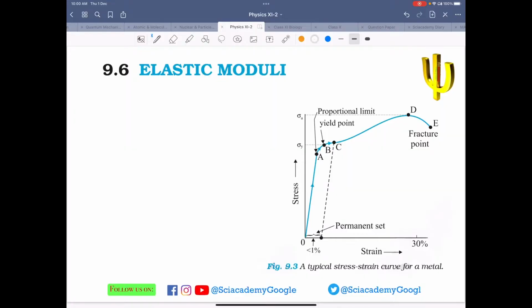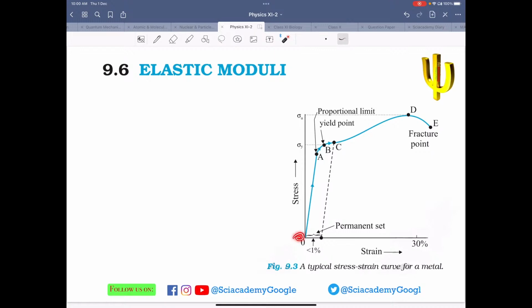Different elastic moduli such as Young's modulus, shear modulus, and bulk modulus. So we'll start with this stress strain curve. Here we already discussed the region of proportionality.